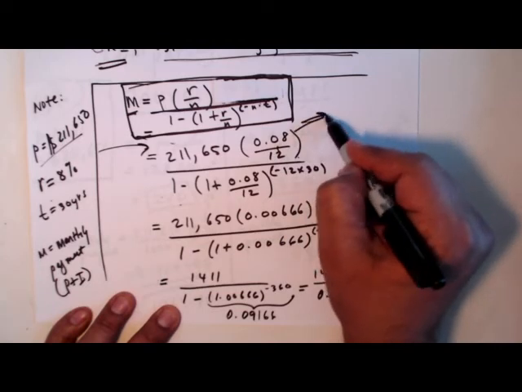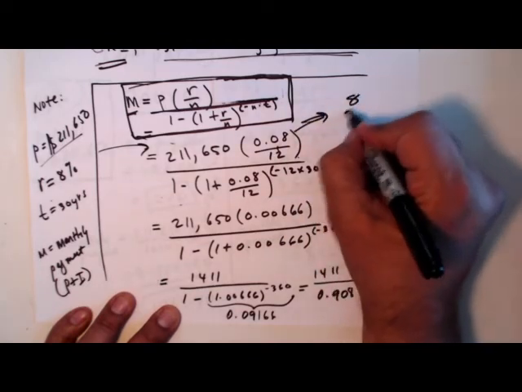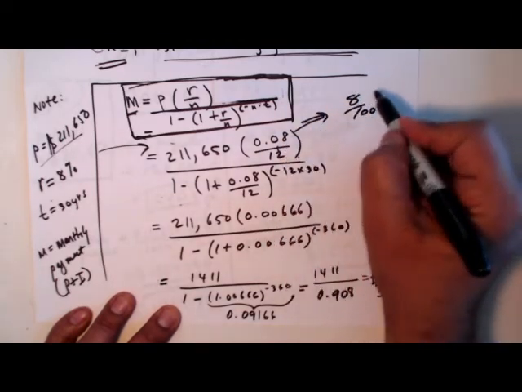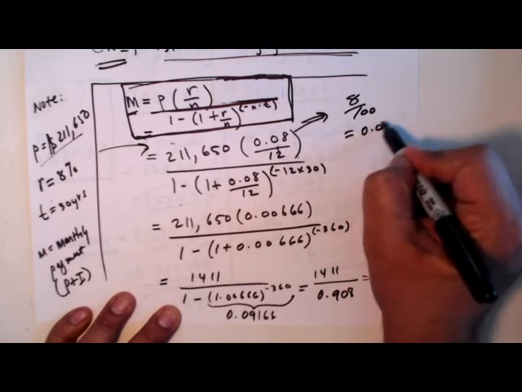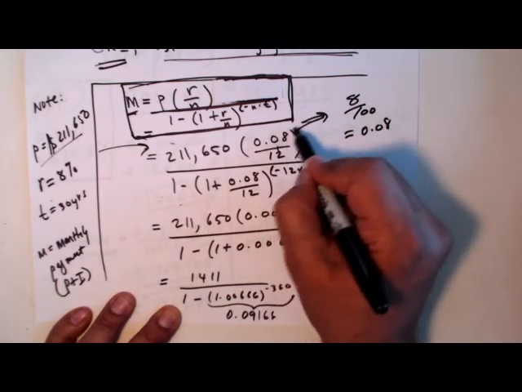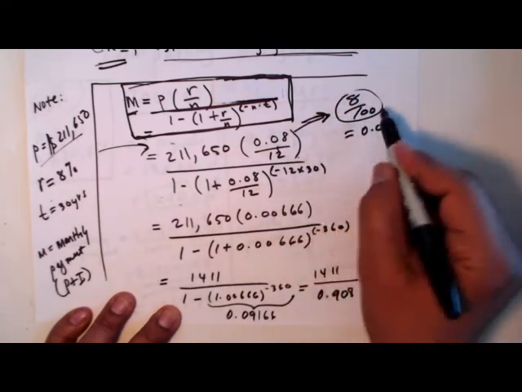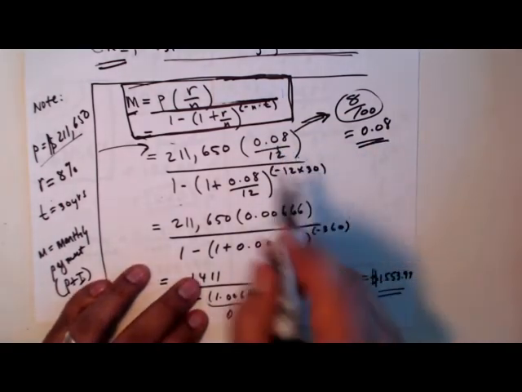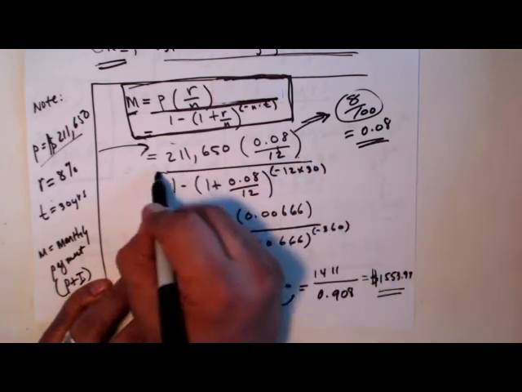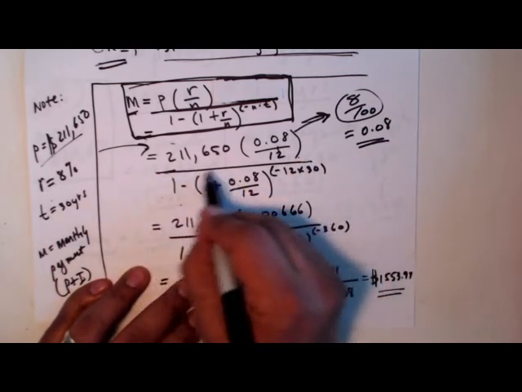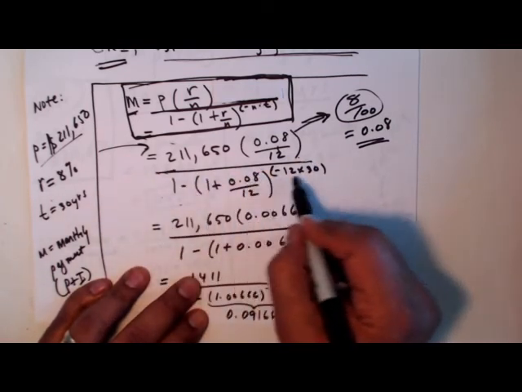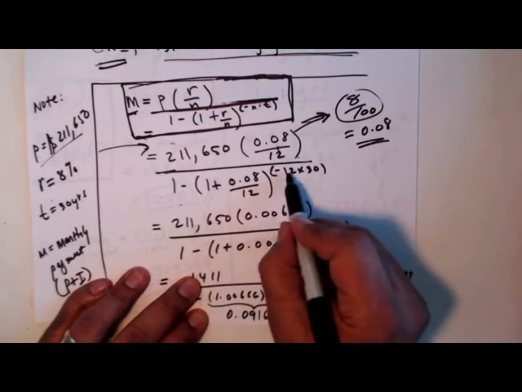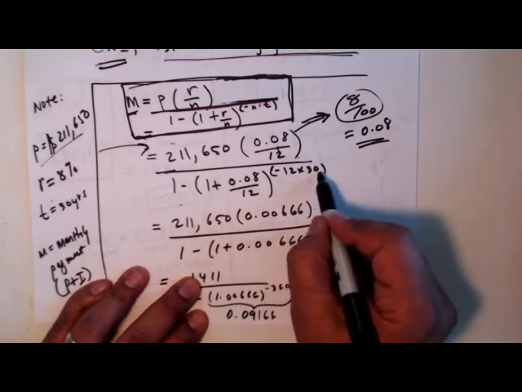As you know, we have to do 8 divided by 100, and then we get 0.08, and that's the decimal form that we have here, divided by 12. All this is divided by 1 minus this factor here, raised to the minus 12 times 30.